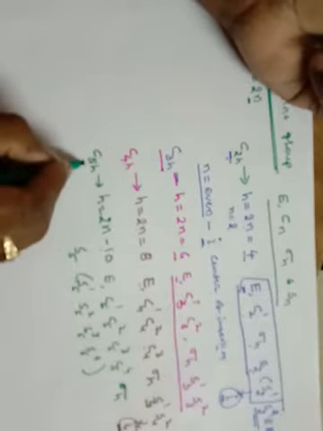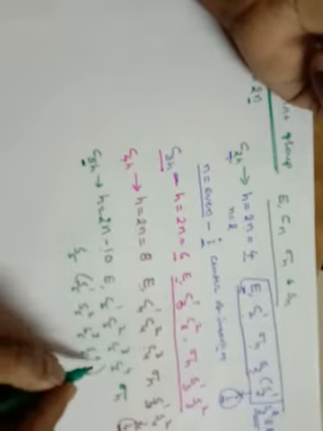Since the n value is odd, it does not have any kind of center of inversion.